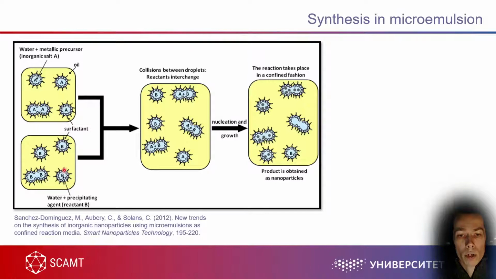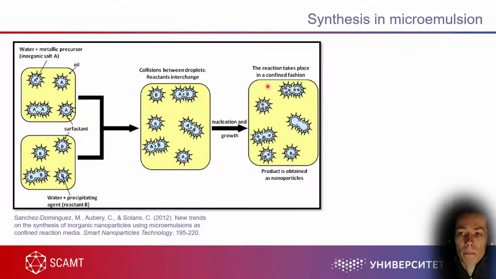Then you also have, again, oil, some reactant B, and again surfactants. You mix these two mixtures, and when A and B meet together, they will form some particles, some new components, and because these particles, these micelles, let's call them micelles, are very small, the method is called microemulsions.